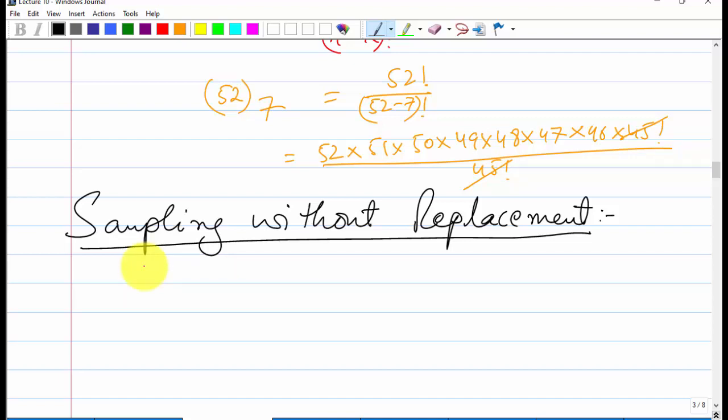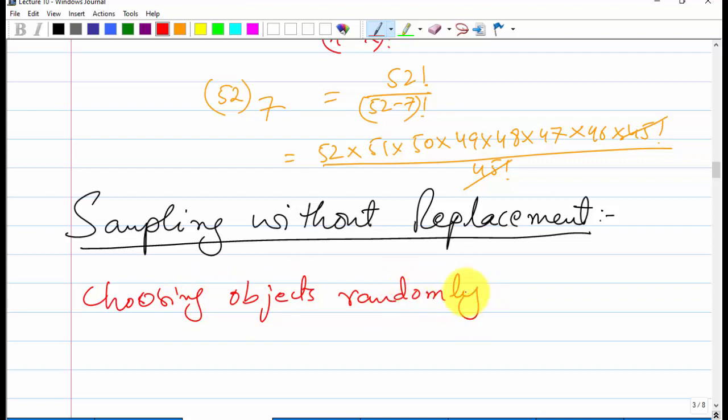replacement, and sampling itself is known as choosing objects randomly from a collection.